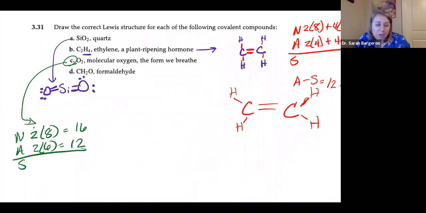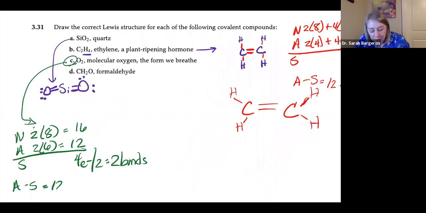So 6 times 2 is 12. 16 minus 12 is 4 electrons. Divided by 2 is going to be 2 bonds, right? So now available minus shared. So we had 12. We're going to share 4 of our electrons. We're left with 8 electrons.